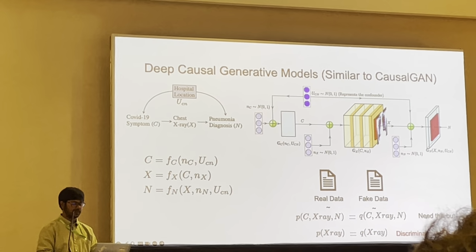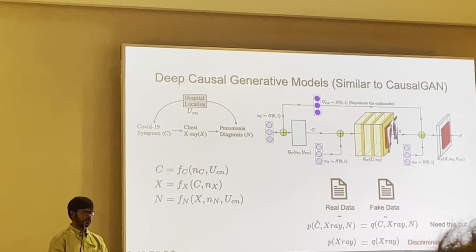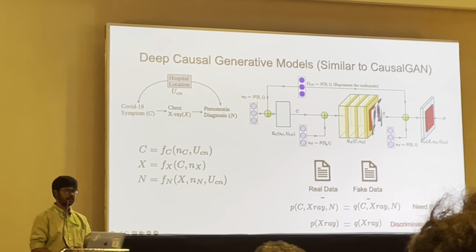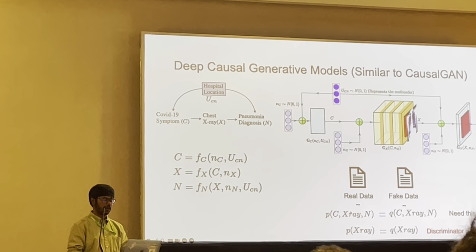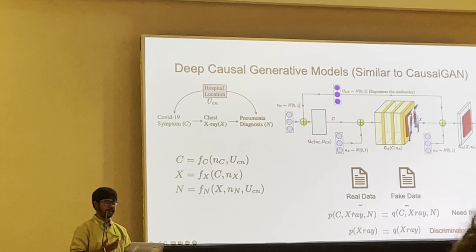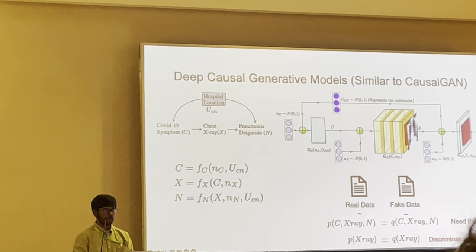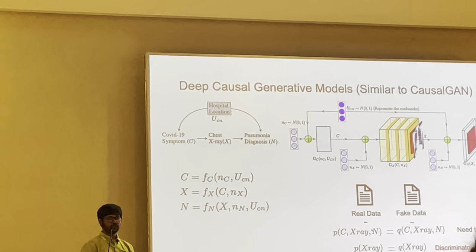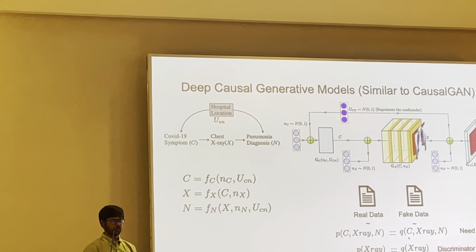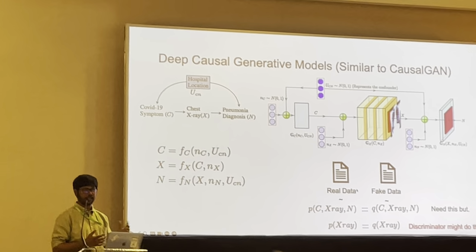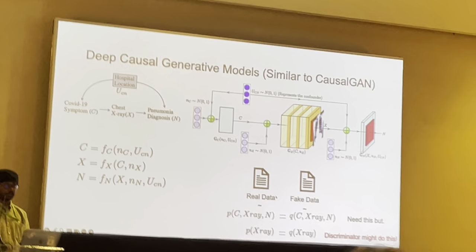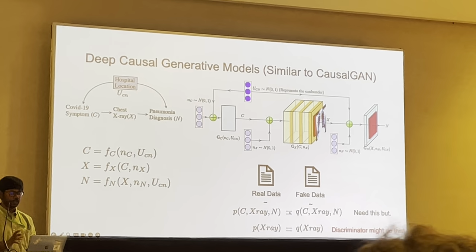But there's a problem. Here, C, the COVID symptom, and the pneumonia diagnosis are low dimensional variables. But the X-ray image is a high dimensional variable. So when you try to use a GAN to match this observational distribution, maybe you just directly concatenate C and N with an image, and then use a discriminator. Then the discriminator actually cannot learn properly.